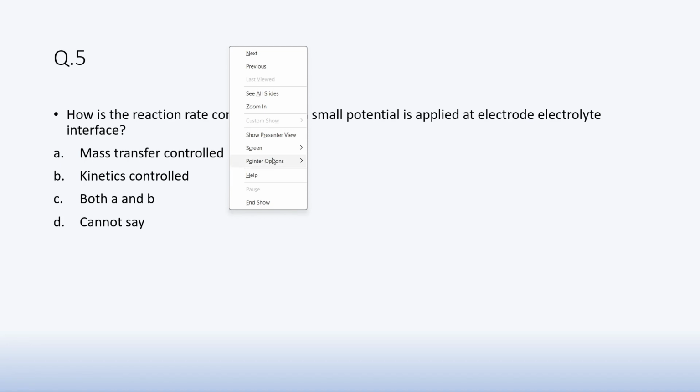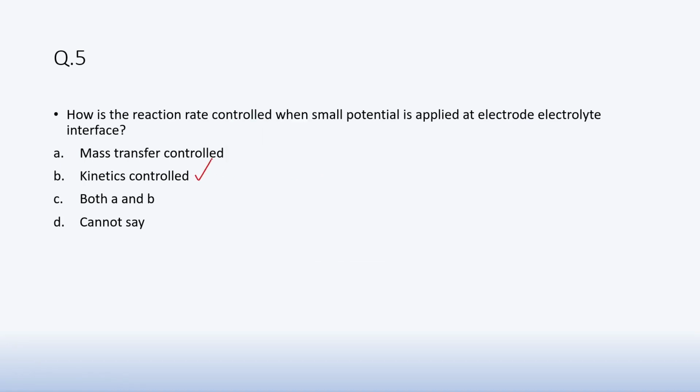And for everyone's query, I will explain that question. Two of them have answered. So how is it happening? I told you, whenever I'm applying a potential, I'm giving a graph.